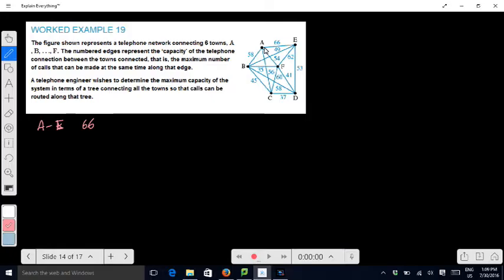Looking at A, I can have A to B, which was 58, A to C, which is 56. I can have A to F, which is 54, and A to E, we've already got A to E, sorry.